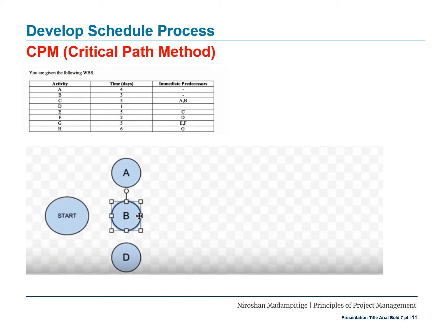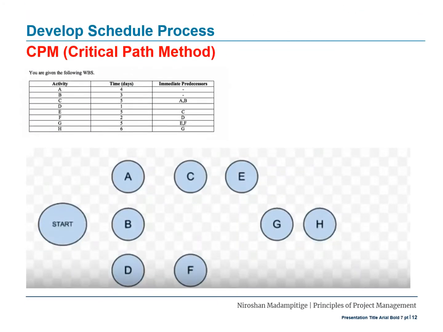The next thing that you do is line up all the other activities based on the predecessors. Looking at the activities, looking at the predecessors, after A, B, D, what comes next? Anything dependent on A? Yes, C. So you draw C here. Anything dependent on B?